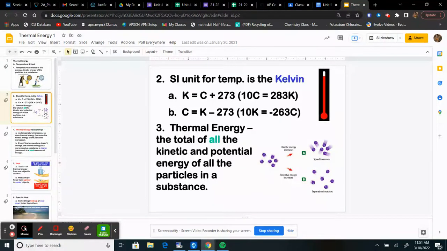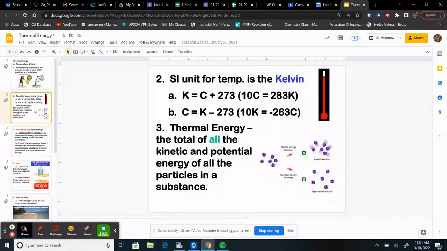If you're wanting to convert back, all you do is you take your temperature in Kelvin and subtract 273, and then you should have your temperature in Celsius. So again, we're going to stick with the number 10 here: 10 Kelvin, subtract 273, which should give you negative 263 Celsius.